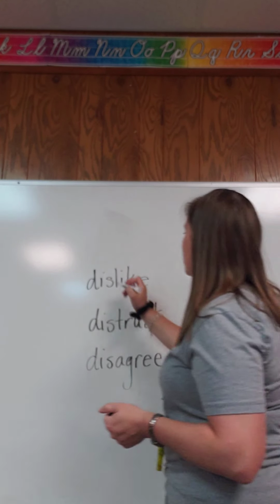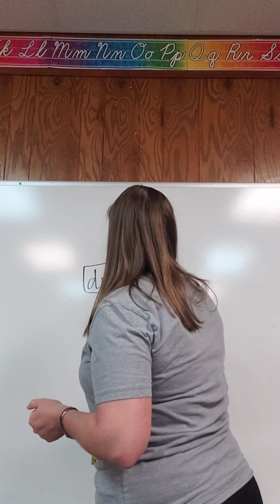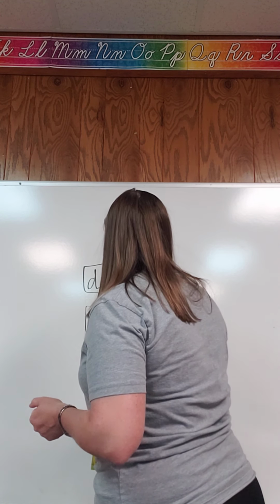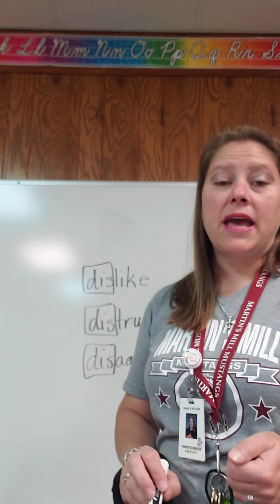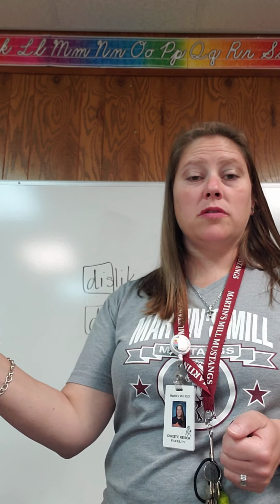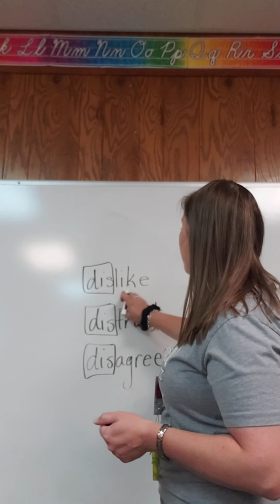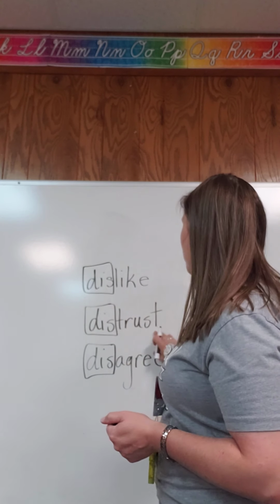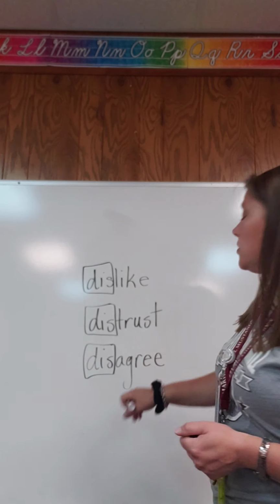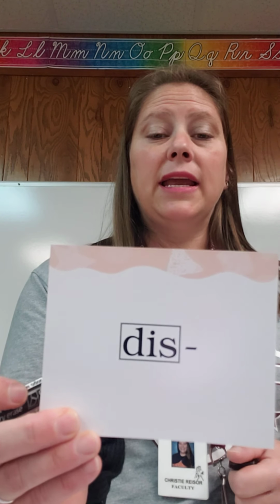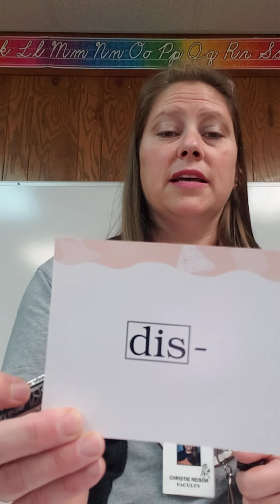If you said to box dis, then you are correct. Dis is a prefix. Now, if you pull those away, see if you have words left behind. Take it away, you have like. Take this one, you have trust. Take this one, you have agree. Okay, so after breaking those down and taking a look at it, you can again kind of get an understanding of the meaning of prefix dis.